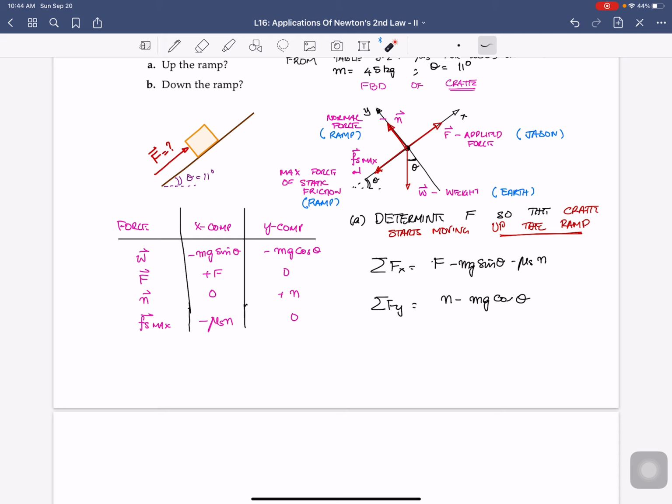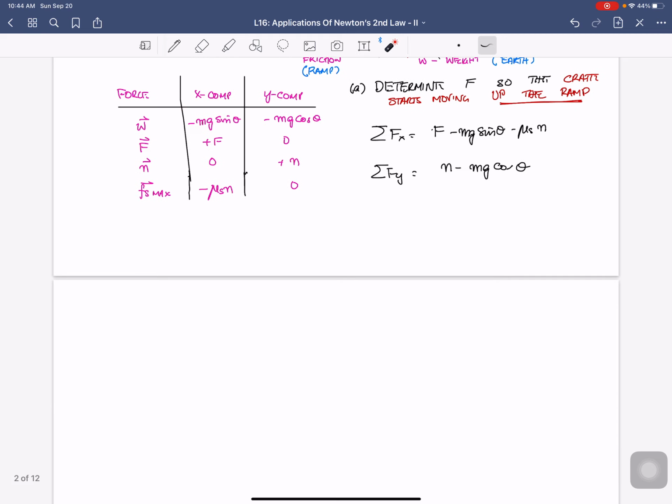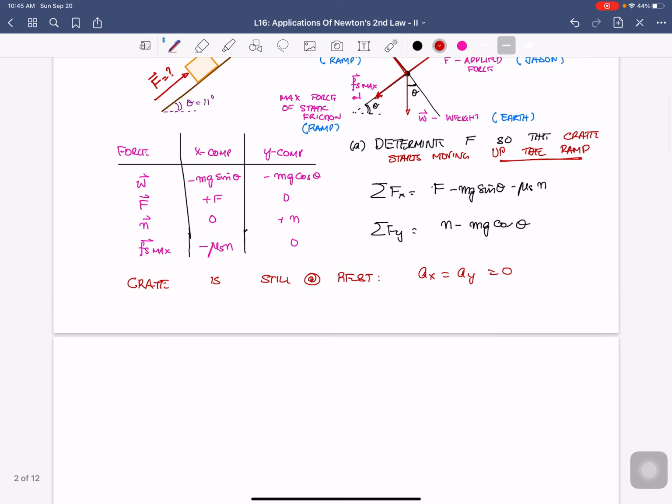It has to be down the incline. Now, applying Newton's second law, since the crate is at rest, it's just about ready to move. We know the accelerations in the x and y direction are 0.